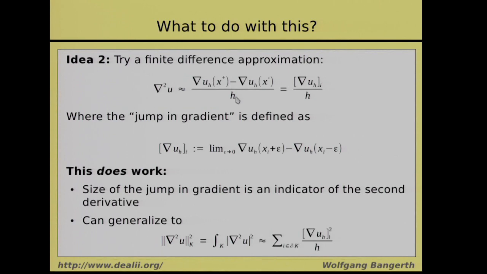And if you remember that UH was a linear function, then the gradient, so this is actually on the right, and this is the current cell, the gradient on the cell to the right is constant, and the gradient on the current cell is constant. The difference between these, I'm going to indicate by these square brackets, and we typically call this the jump.